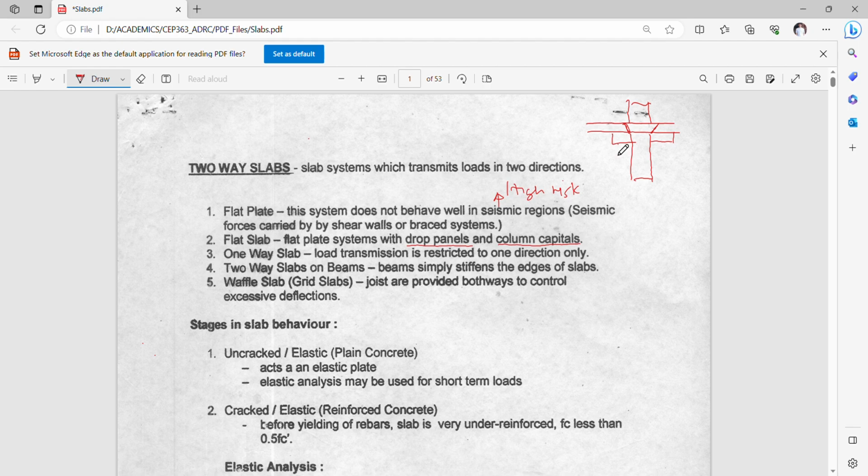You can see in the layouts that the slab regions near the columns have a thickened plate system, which are called drop panels, just to increase the strength against the punching action of the column due to gravity loads.